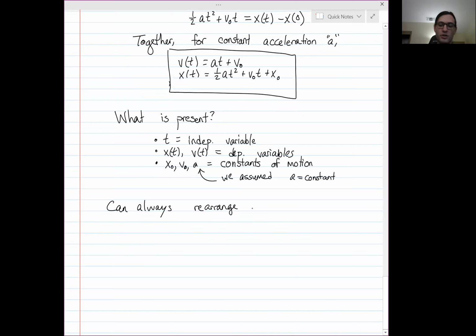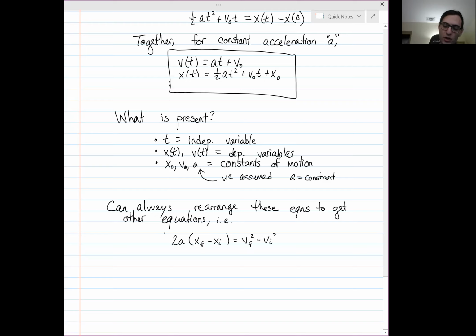We can always rearrange these equations to get other equations. That's just true, just by naming things and thinking about what they mean. So for example, the equation 2a times xf minus xi is equal to vf squared minus vi squared.